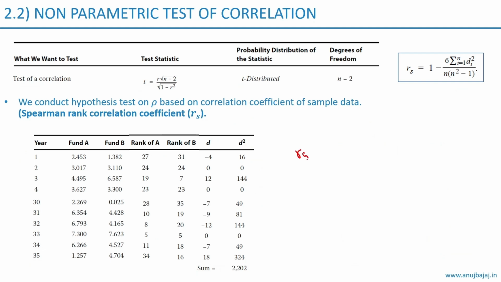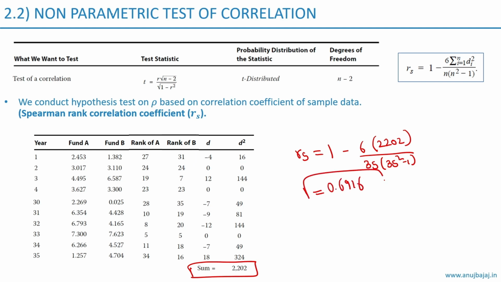So the Spearman rank correlation coefficient equals 1 minus 6 multiplied by the sum of the difference squared, which is 2202, divided by the sample size multiplied by the sample size squared minus 1. So the Spearman rank correlation coefficient comes out to be 0.6916.